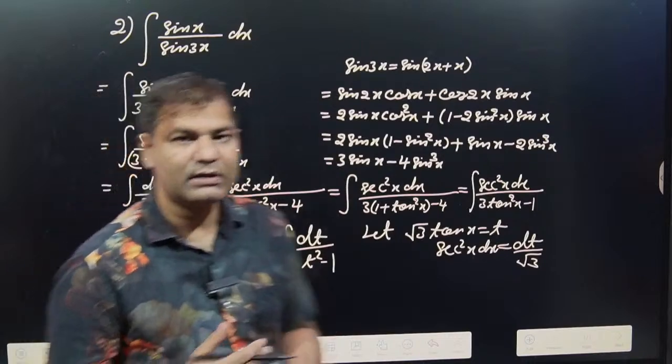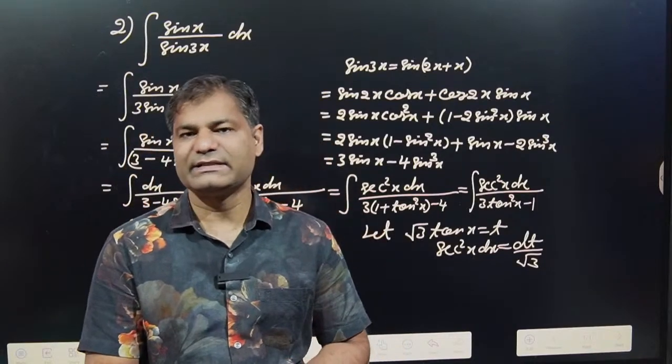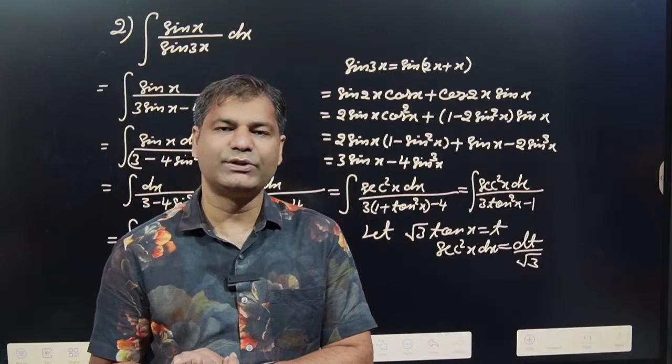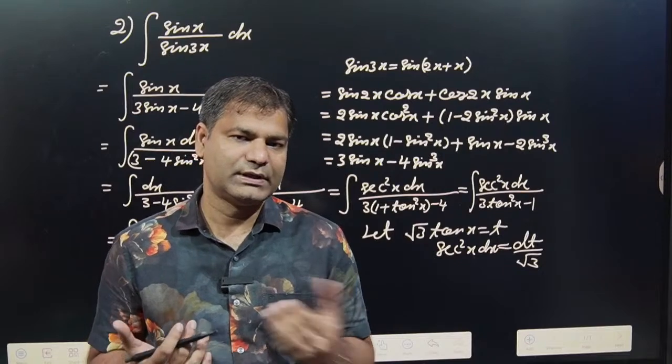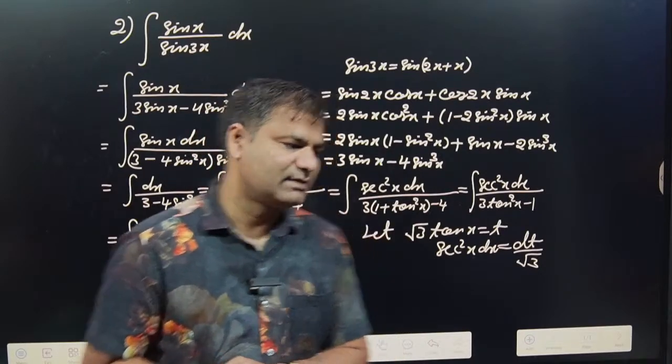Now using the formula, dx divided by x square minus a square is replaced by 1 upon 2a into log of x minus a upon x plus a.